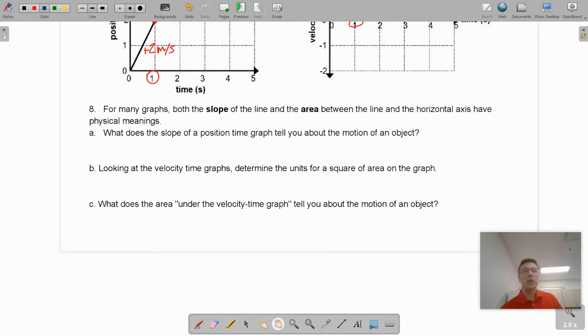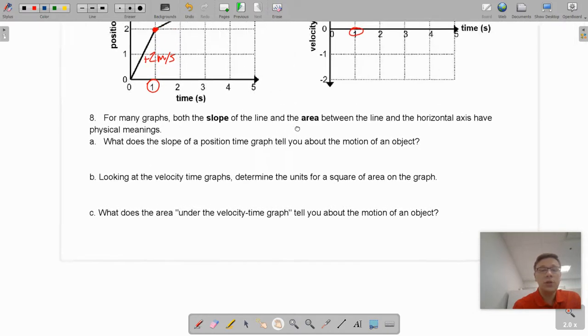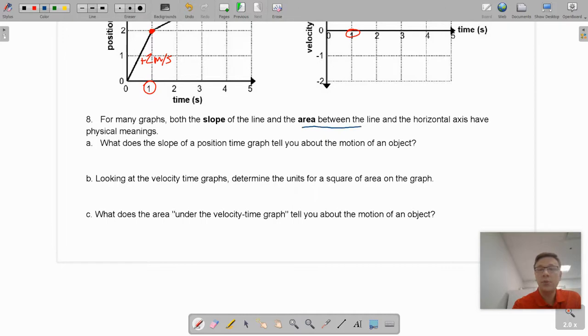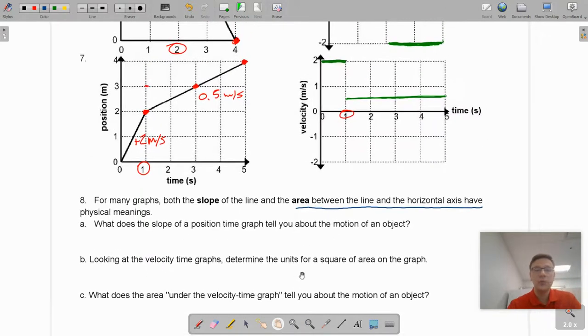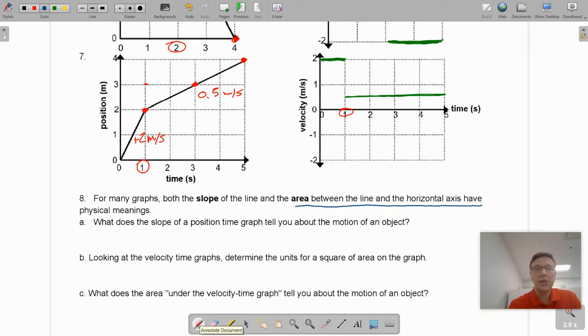Okay, so it says for many graphs, both the slope of the line and the area between the line and the horizontal axis have meanings. Okay, so the area between, I would like to highlight this, the area between the line and the horizontal axis. What that is talking about is basically this space right here, the space between the line that you drew and the horizontal axis.